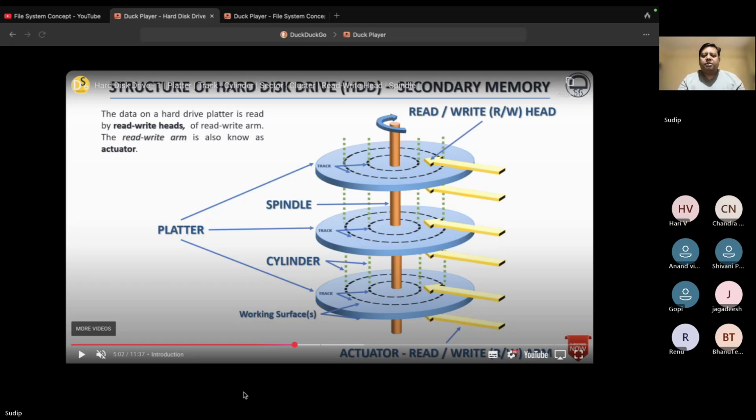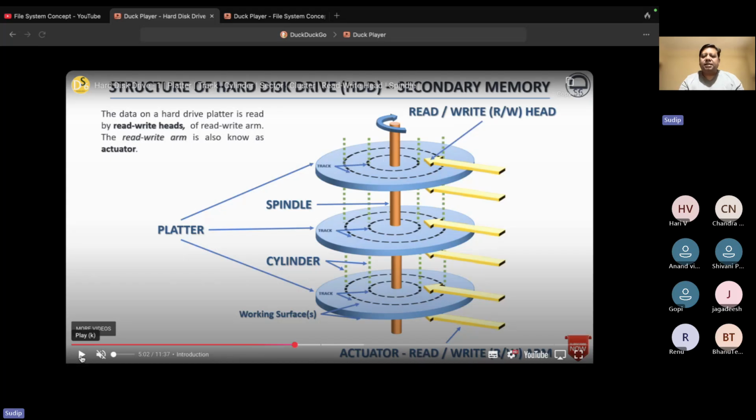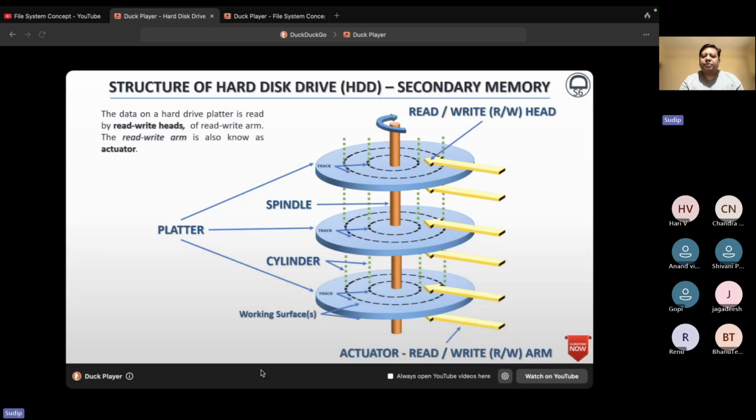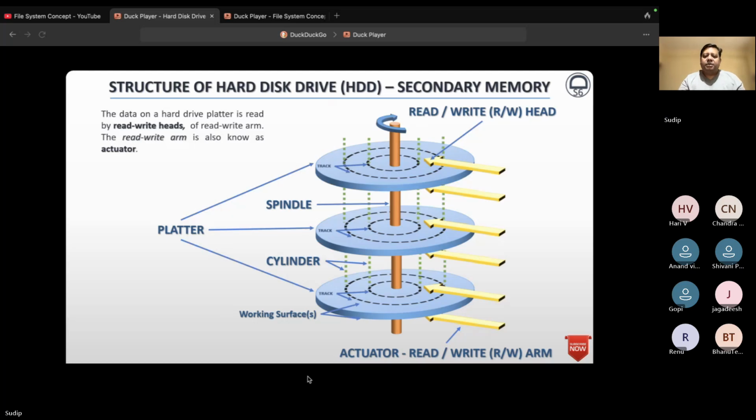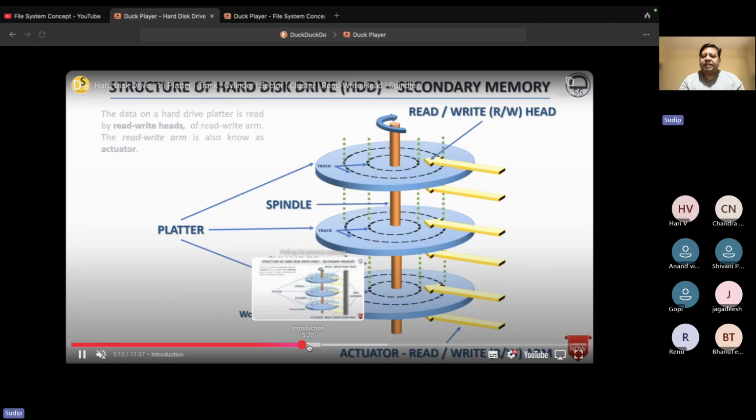So each track has got a logical address, each cylinder has got a logical address, and furthermore, the tracks and cylinders are further divided into something called sectors. So there are three logical components inside a hard disk drive: a track, a cylinder, and a sector.